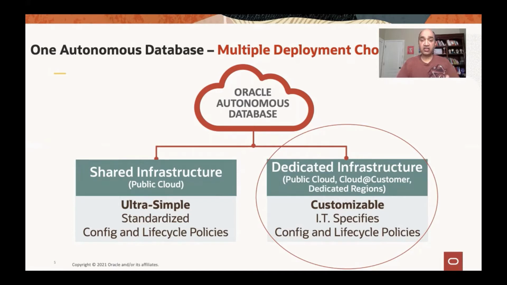And then there's also dedicated infrastructure where each customer or each tenancy can have its own separate slice of Exadata, in the form of a quarter rack, a half rack, a full rack, multiple racks, etc. And so your Autonomous Database can run in such a dedicated environment in a private network. The dedicated infrastructure is available in one of Oracle's public cloud regions, or also on Cloud at Customer. So if you decide to host the Oracle Cloud environment in your own data centers, you could do that using Cloud at Customer.